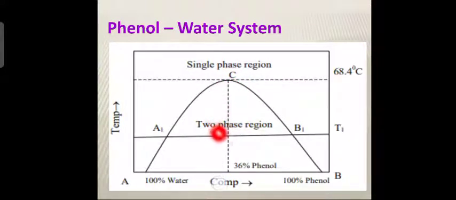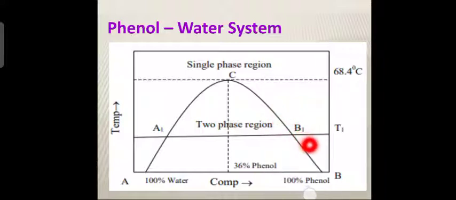The percentage of phenol here is 36%, and the rest, 64%, is water. This mixture has the highest miscibility temperature, corresponding to 68.4 degrees Celsius. Then as the percentage of phenol still increases, the miscibility temperature decreases.